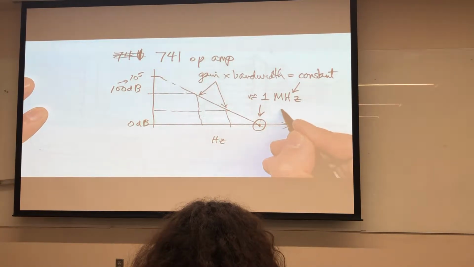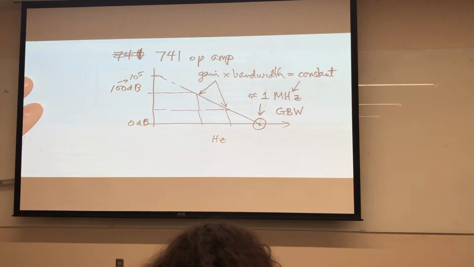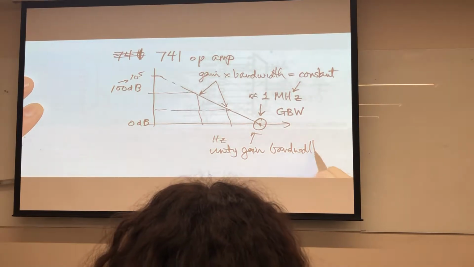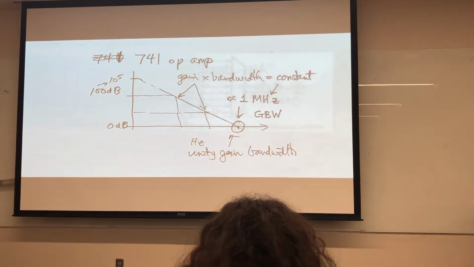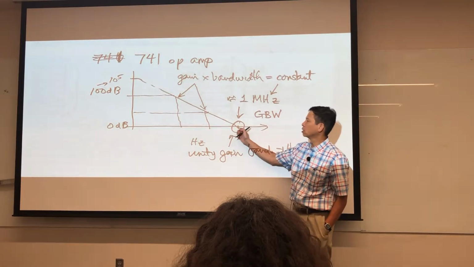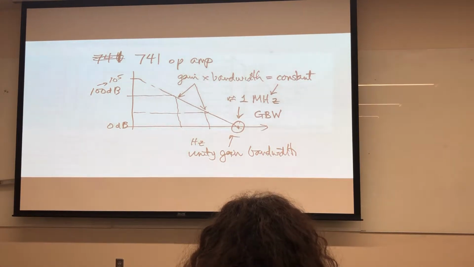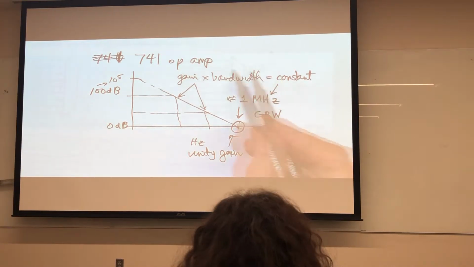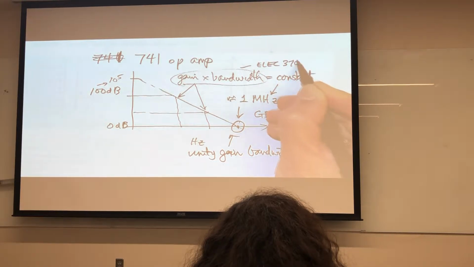Okay. In the data sheet, they're going to call it gain bandwidth. In this class, I call it the unity gain bandwidth. Unity gain bandwidth for the 741 op amp is roughly 1.5 megahertz. At a megahertz, the gain has decreased to 1. 1 times a million is a gain bandwidth product of 10 to the 6th. This is something you probably hear, the gain bandwidth product, from ELEC 3700.